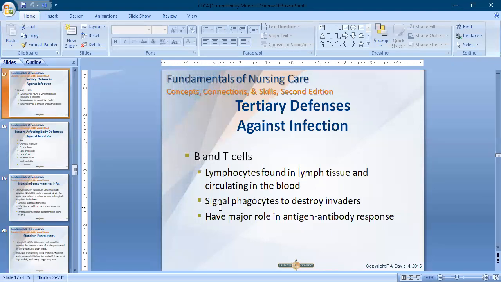They also signal phagocytes to destroy. Neutrophils and macrophages have a system to kill bacteria or viruses, called the phagocytotic system, and they have a major role in the antigen-antibody response by B cells and T cells.